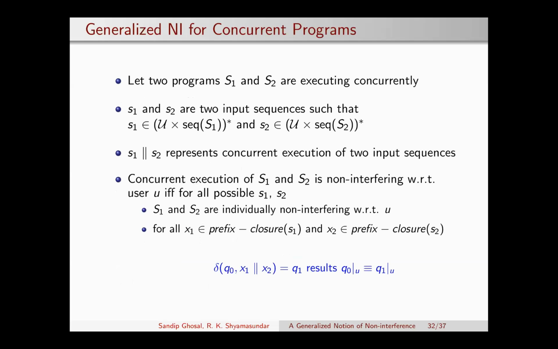Then S1 and S2 are non-interfering with respect to user U if for all possible small s1 and small s2, S1 and S2 are individually non-interfering, and concurrent execution of X1 and X2 results in indistinguishable observation for U, where X1 and X2 are the prefixes of the prefix closure of small s1 and small s2, respectively.